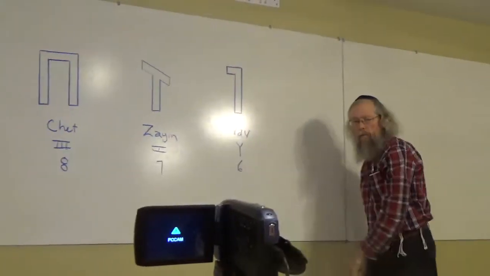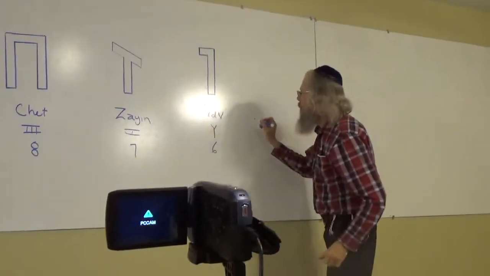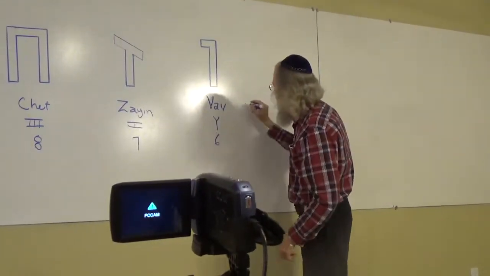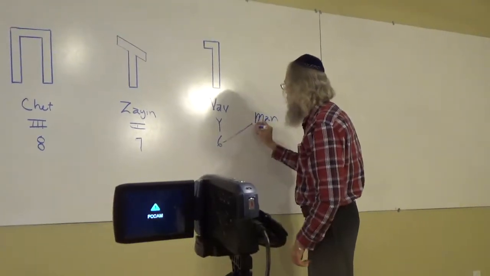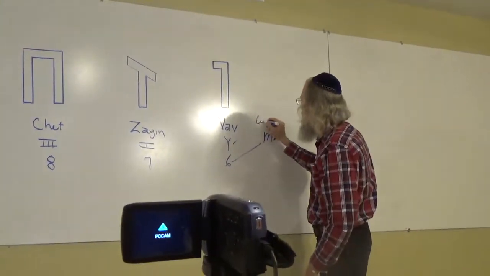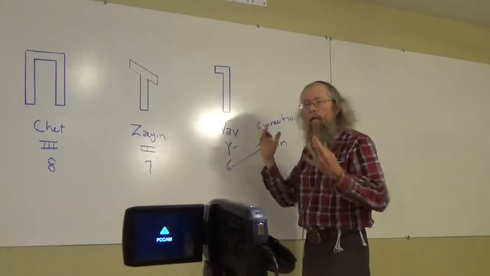What is the Vav? The Vav represents man through the number 6. It is the connector, or the connection, between heaven and earth.